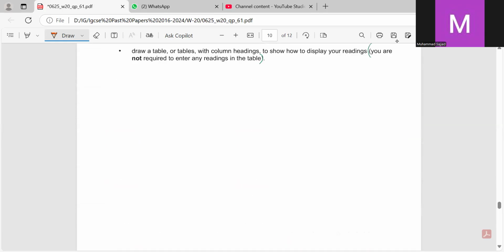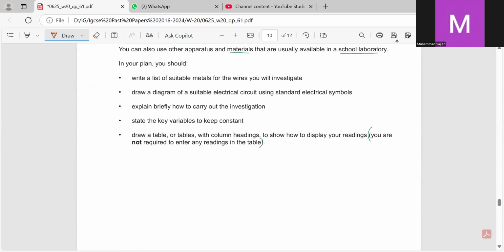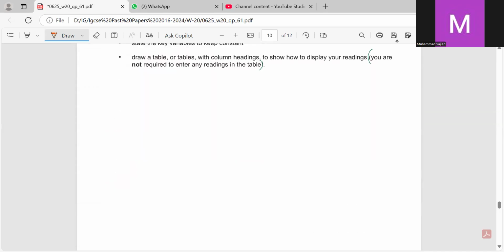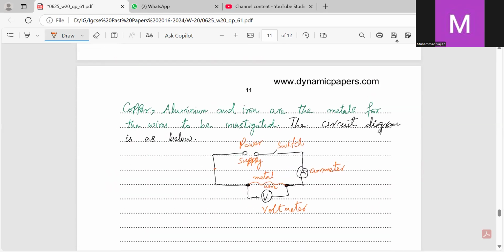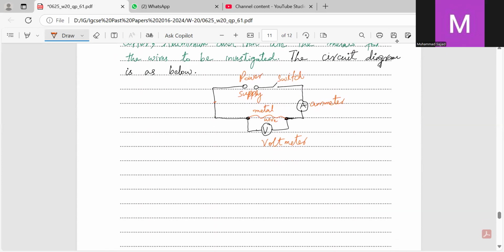Now, my dear friends, after this, they are saying, now explain briefly how to carry out the investigations. Explain briefly how to carry out the investigations.